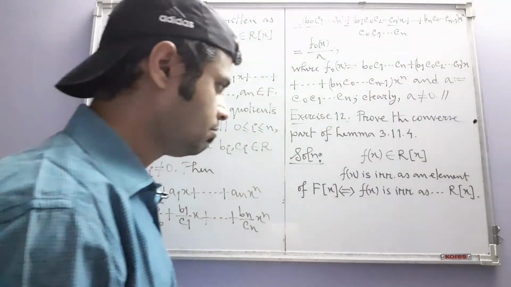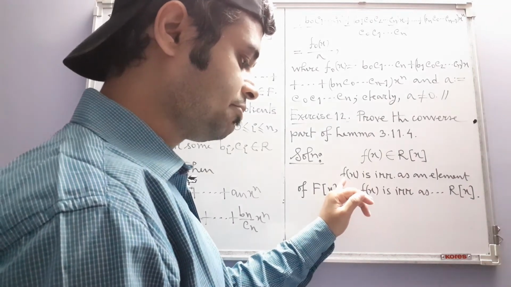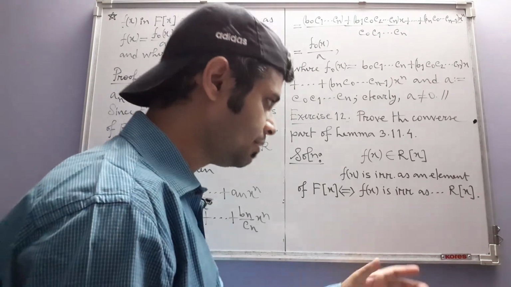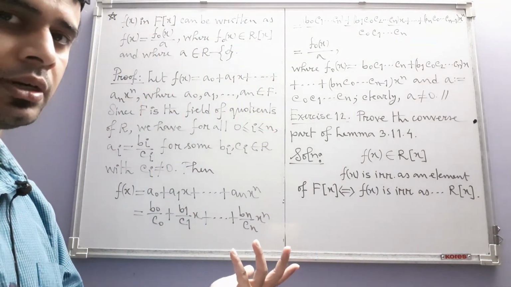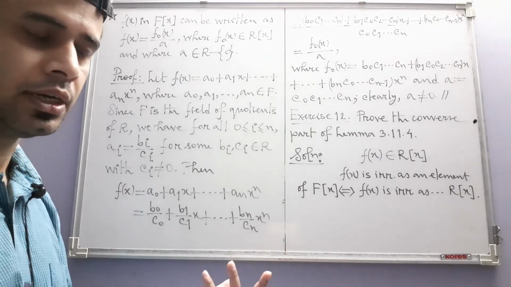Okay, so we have already proved that if f(x) is irreducible as an element of R[x], then it's also irreducible as an element of F[x]. That is the hard part that we proved in the text.